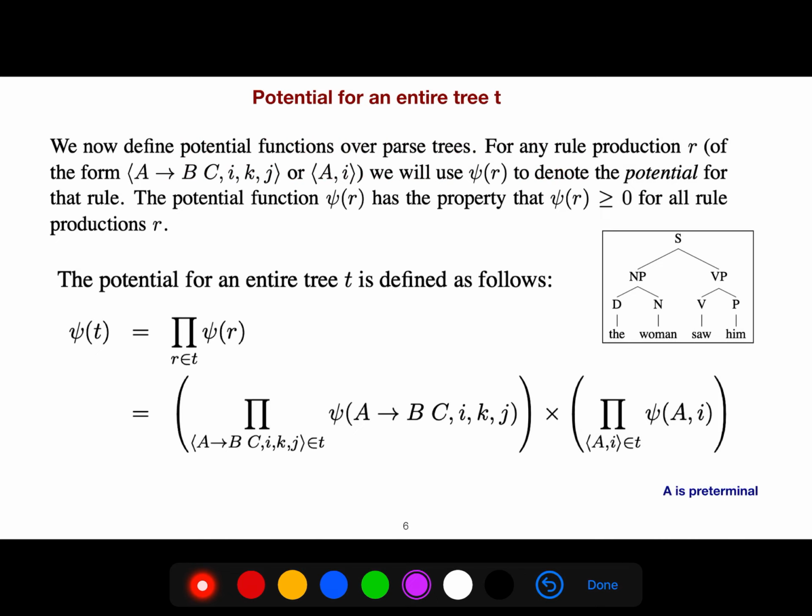And the potential of the entire tree, as I said, because they are independent, you just multiply these, and psi is the potential of that.